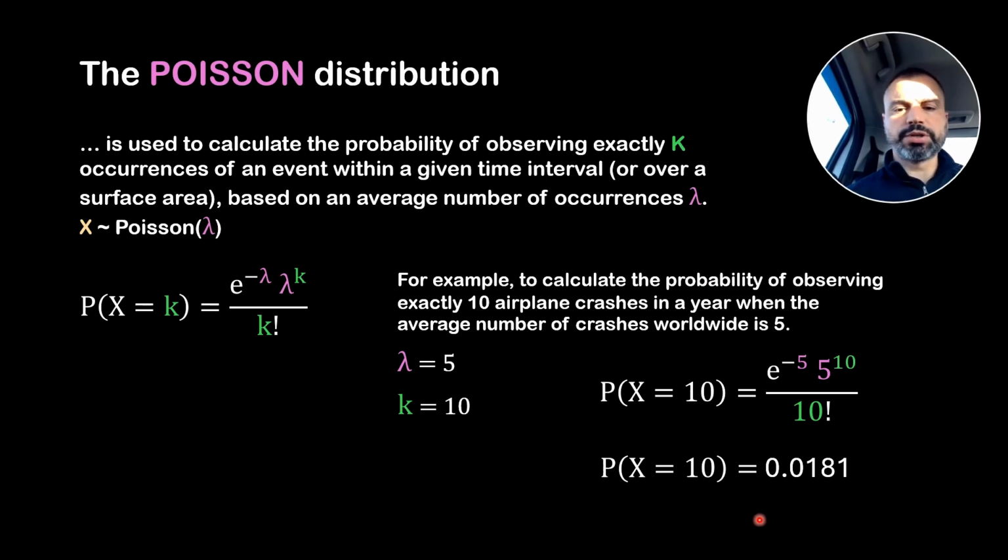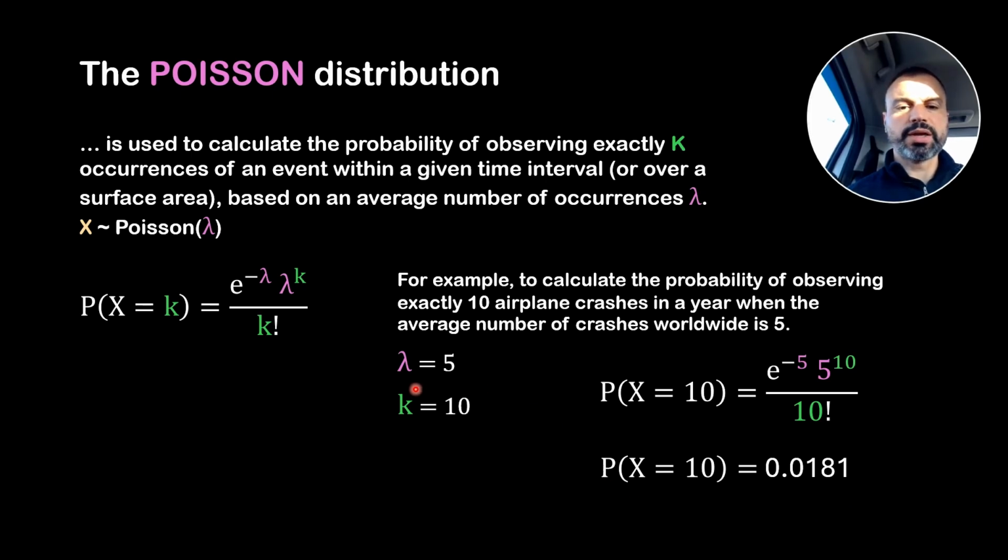So the probability of witnessing 10 airplane crashes in a year when the average number of crashes is 5 is just 0.0181. In other words, it's a 1.81% chance of witnessing 10 airplane crashes.